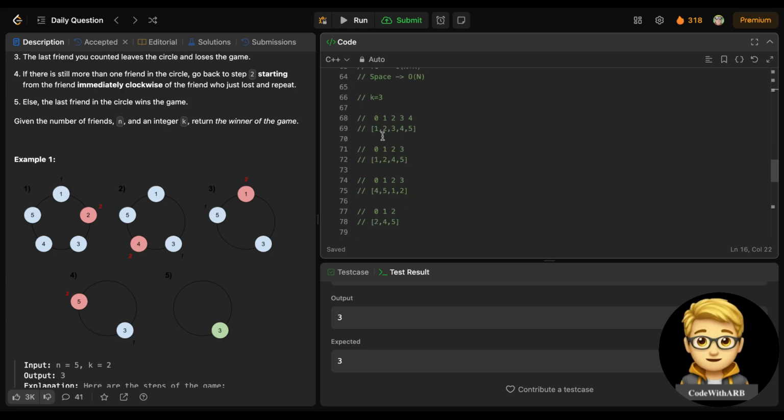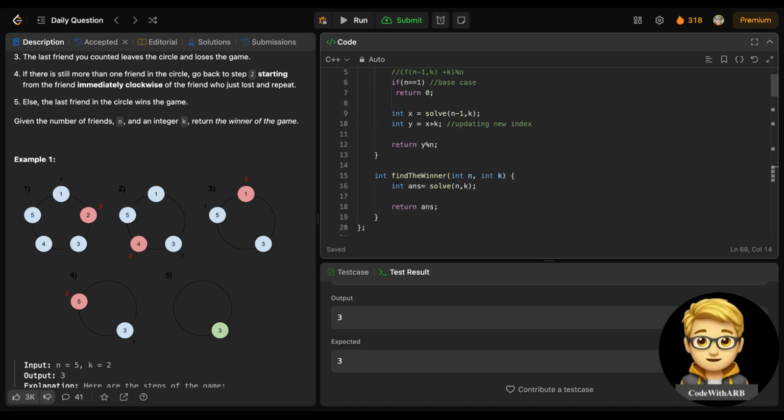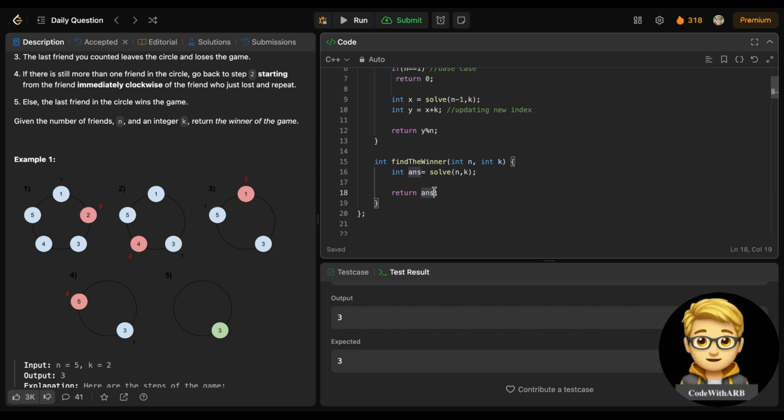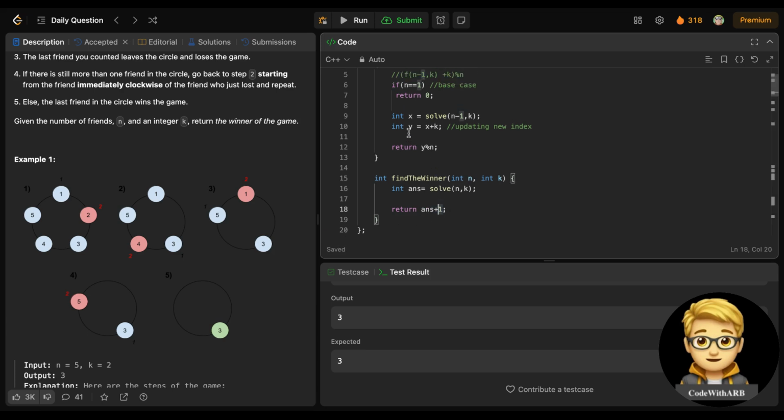If you see here, we have started from 0 index, but friend numbers start from 1, 2, 3, 4, 5. It means I need to add plus 1 to this answer to get the original friend number, which does not start from 0, it starts from 1. And this answer will give me the index which starts from 0. So I need to add 1 here.